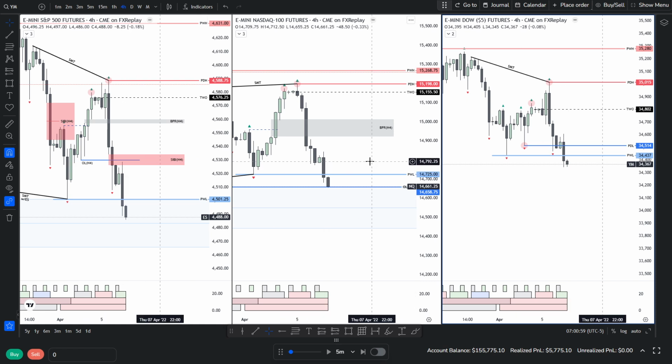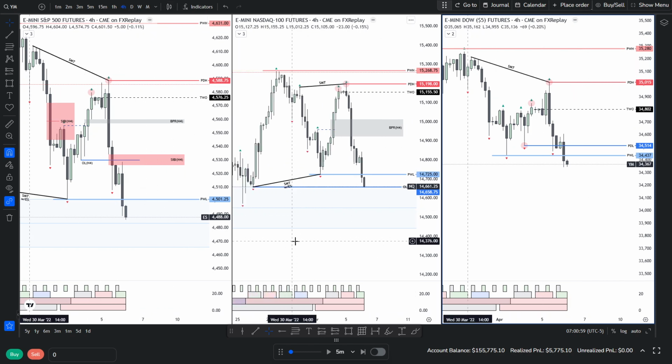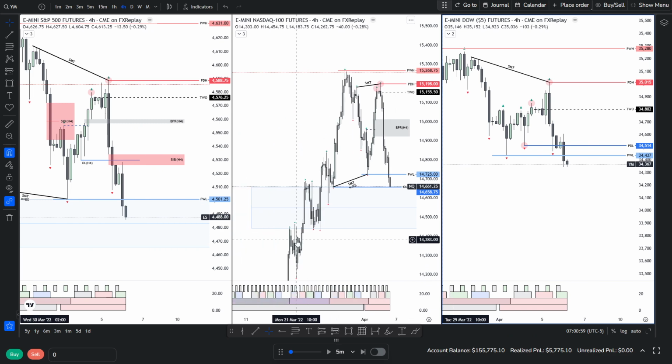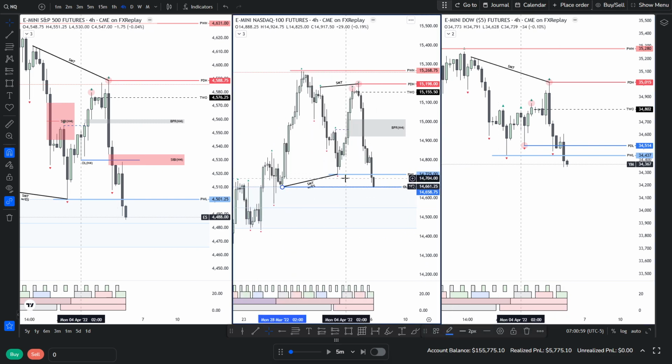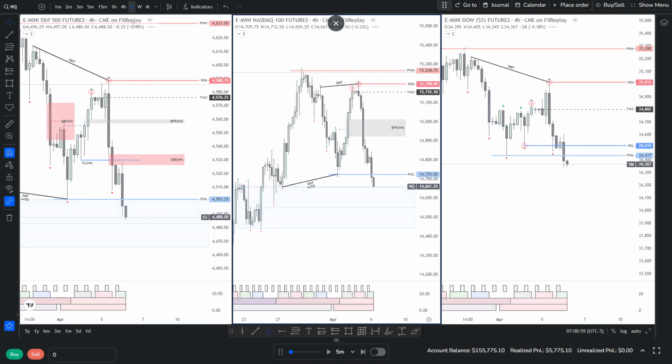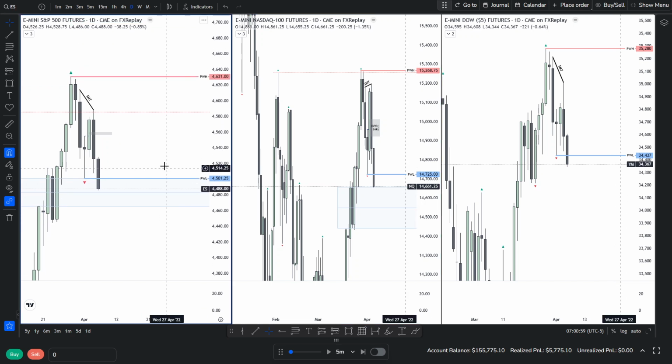Okay. Get rid of that. Right, let's go out to the daily and the weekly and have a look at where potential liquidity pools are resting.